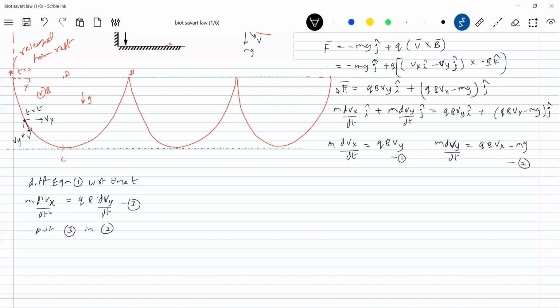Substituting this, m dv by dt, so m dv by dt will be m by qB d square v by dt square equal to qB vx minus mg.